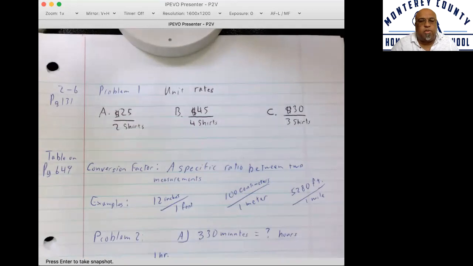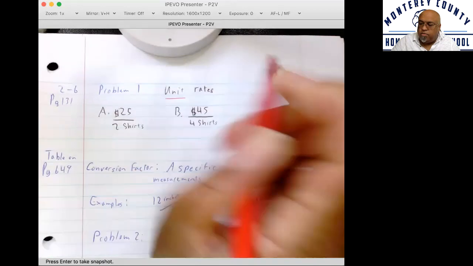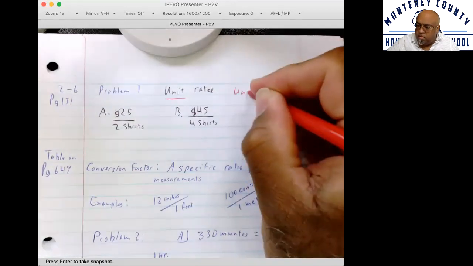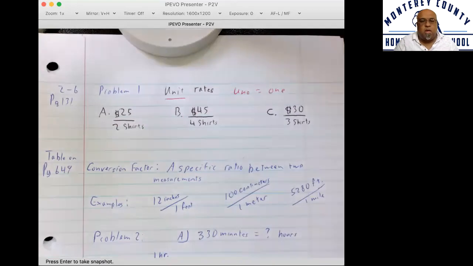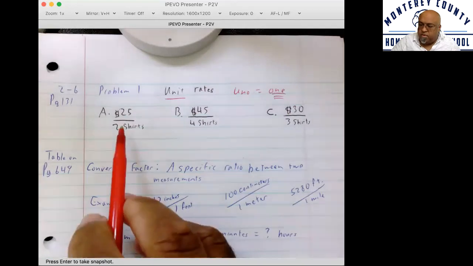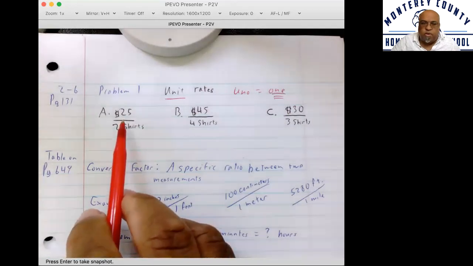The best price you can find with the unit rate, okay? And again, the word unit comes from the word uno, which, as you know, means 1. So basically what it comes down to is what is the price per 1 item? So I have my ratio $25 to 2 shirts.